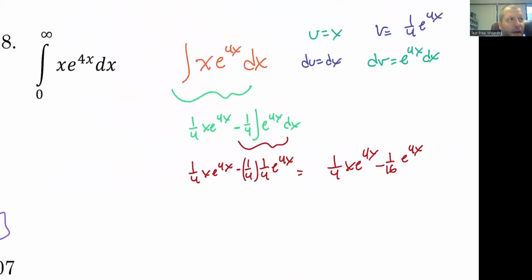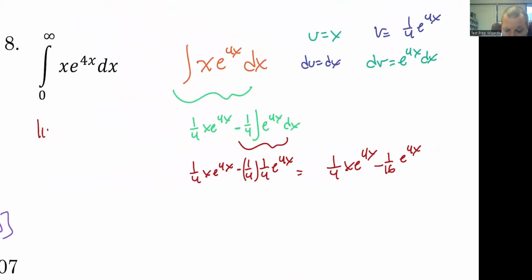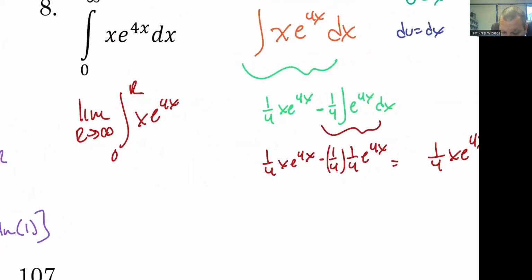So when we think about our antiderivative now, same thing, we have the limit as r approaches infinity of the integral from 0 to r of x e to the 4x dx.